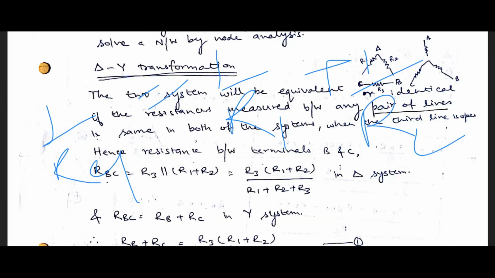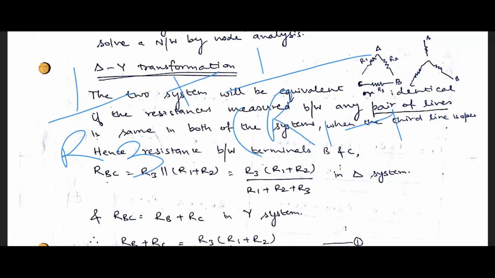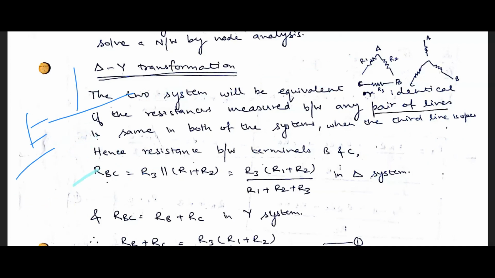Okay. So first of all, we will do R1 plus R2, and now this R1 plus R2 is in parallel with R3. So the equivalent resistance will be 1 upon R3 plus 1 upon R1 plus R2. Okay. So when we take the parallel arrangement of this and equate with the equivalent, we will get the RBC for the delta case as shown here.